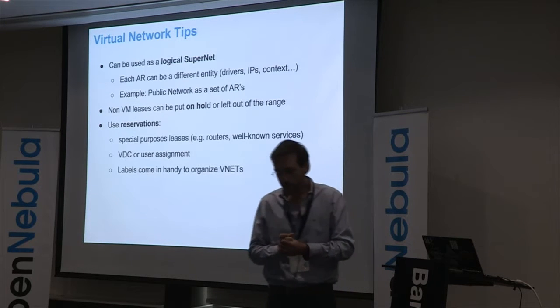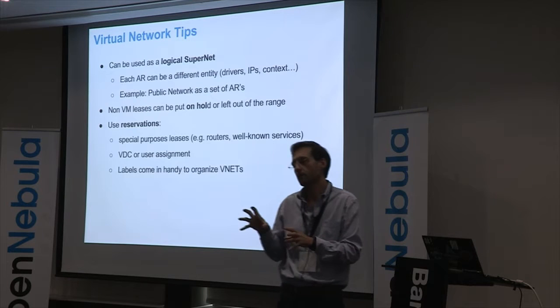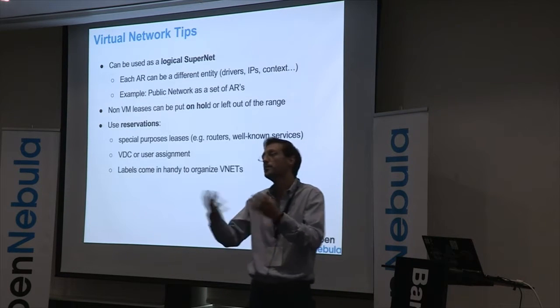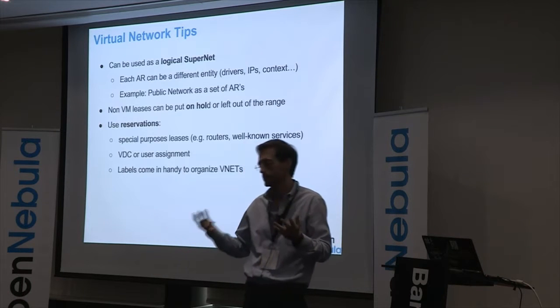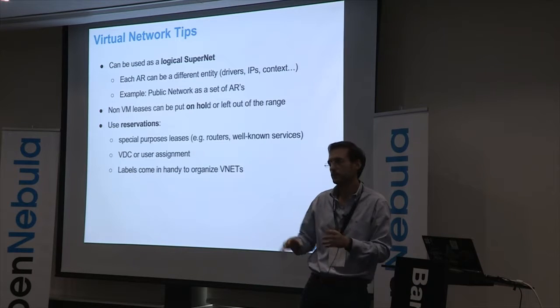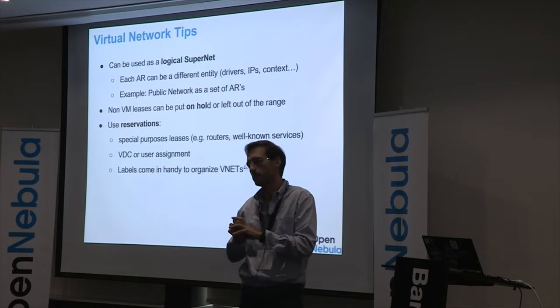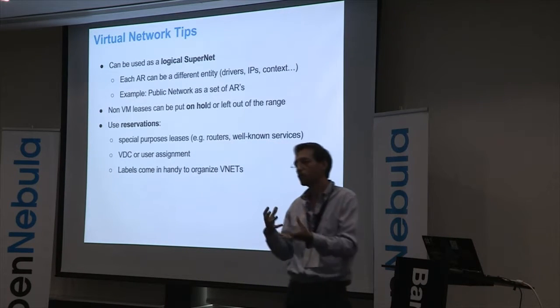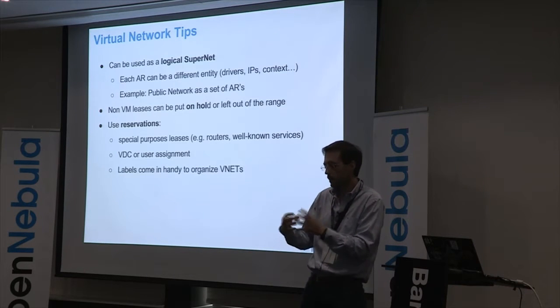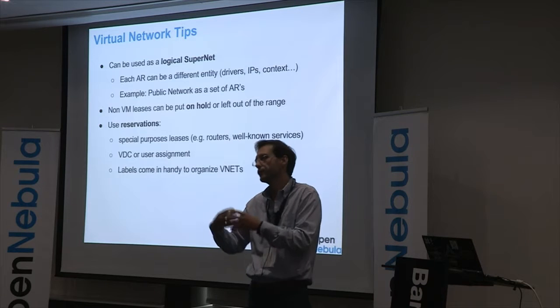But also, sometimes you really need to give those addresses to virtual machines, but you don't want everyone to be able to get those addresses. For that situation, for example, you can use a reservation. You can make a reservation from a network, which will create another network with IPs from the original network, and you can use that reservation for special purposes.